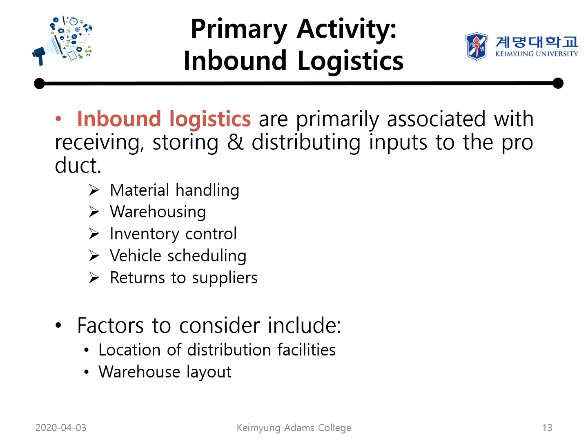The first category of primary activities is inbound logistics. Inbound logistics are associated with the receiving, storing, and distributing of inputs to the product. It includes material handling, warehousing, inventory control, vehicle scheduling, and returns to supplier. A good example of inbound logistics that includes value activities is Toyota.